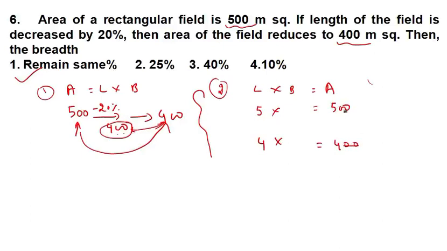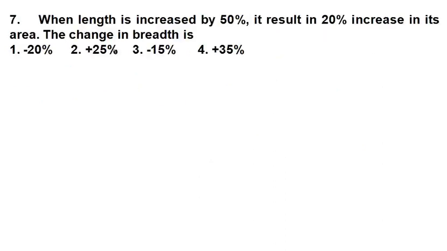So this 0 0 will get cancelled. If I want to make 5, I have to multiply by 1. If I want to make area 4, I have to multiply by 1. Look guys, here also breadth is same. Neither reduced nor increased. So it means that it remains same. So your 1 will be the right answer. Okay, try it.